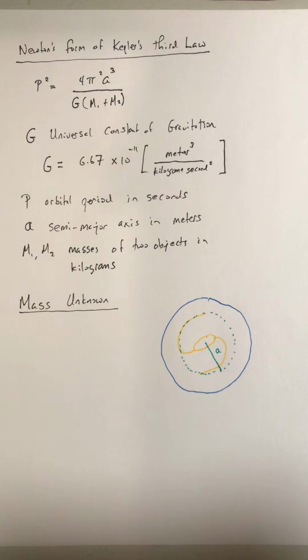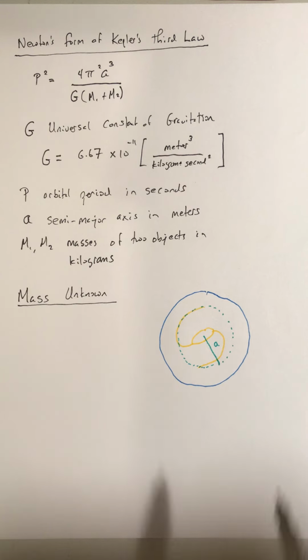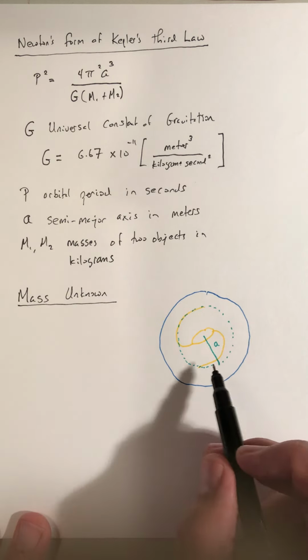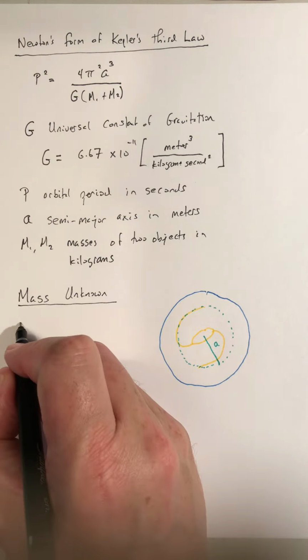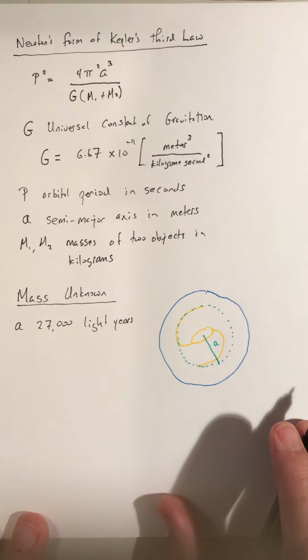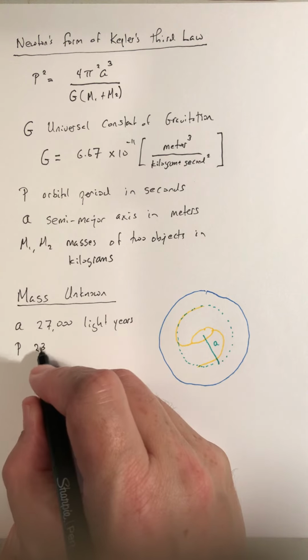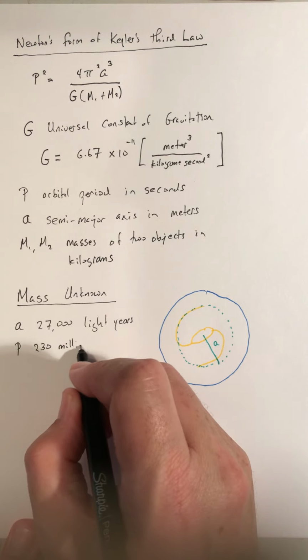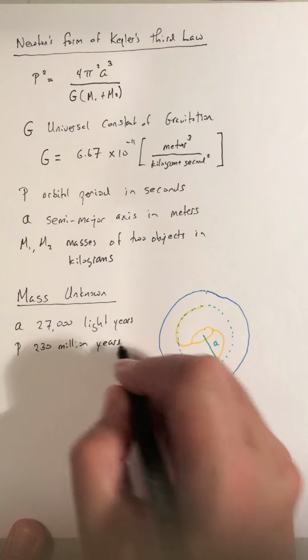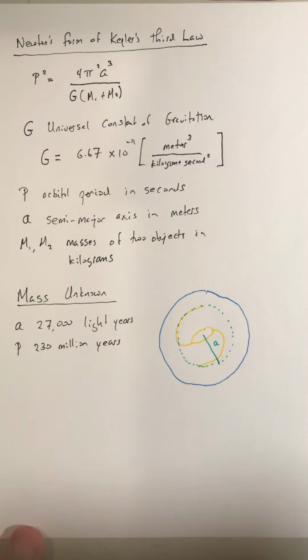From the speed of the sun and knowing where we're at in the Milky Way galaxy, we have measured that the semi-major axis is 27,000 light years, and it takes us about 230 million years to orbit around through the Milky Way once.